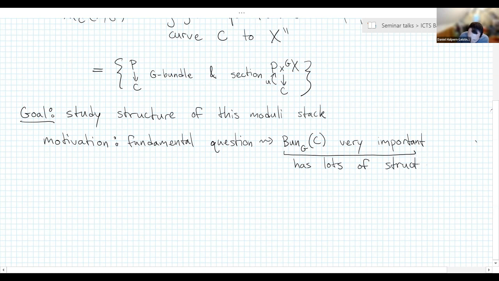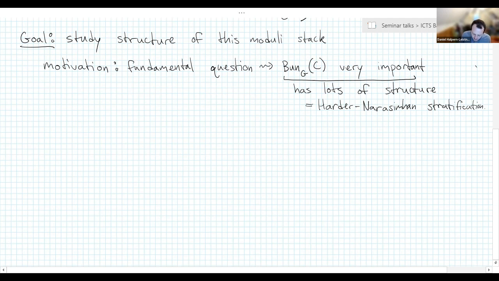The structure that I'm thinking about is what's called the Harder-Narasimhan stratification. But the analogous structure was missing. The project is to extend this structure.